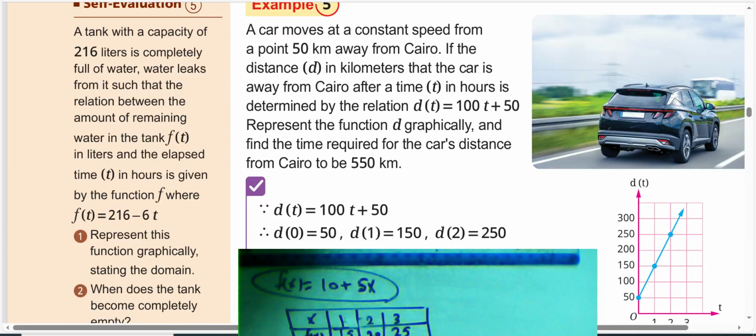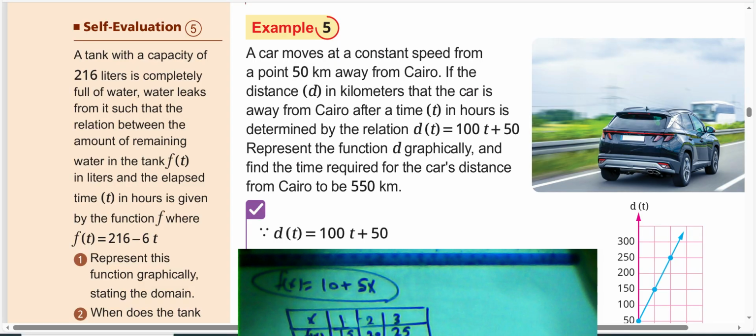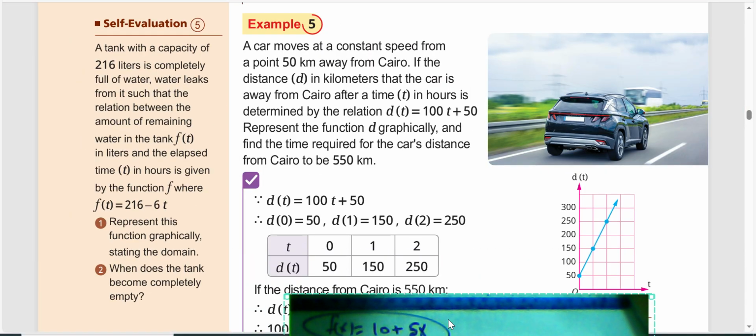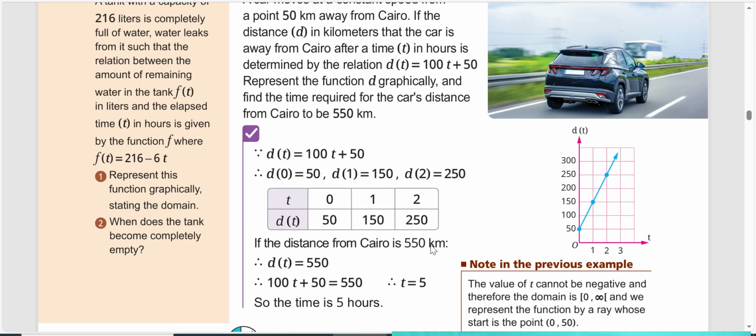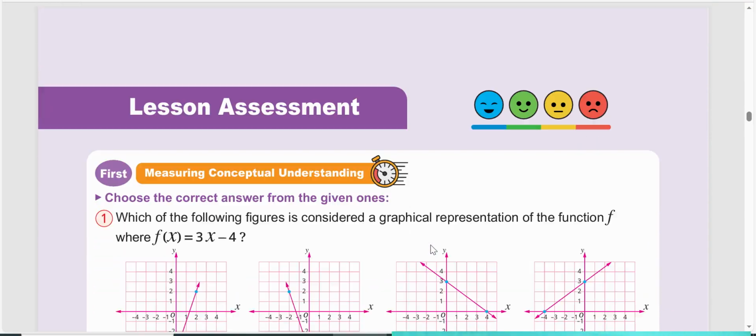Number 5, self-evaluation number 5 here. You can read example number 5, which is solved here. Solution number 5.